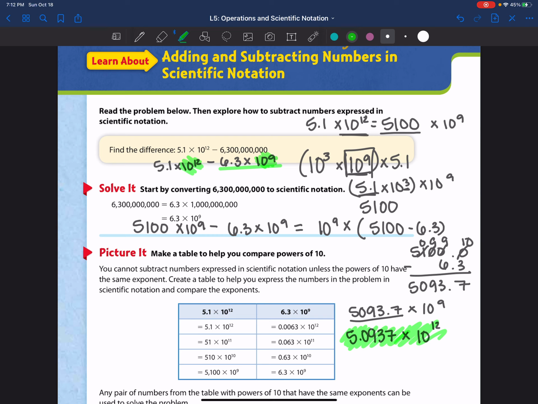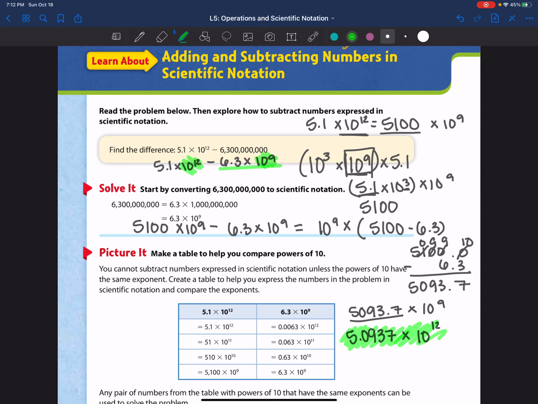Number 3, look at picture it on the previous page. Use the table to rewrite the expression you wrote for problem 2. Rewrite that expression so that both terms are written with the same exponent. So again, this is what I was saying. I end up answering all those questions first in order to go back and go really quickly through my connected.